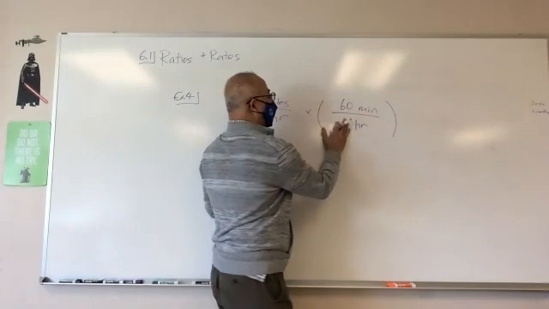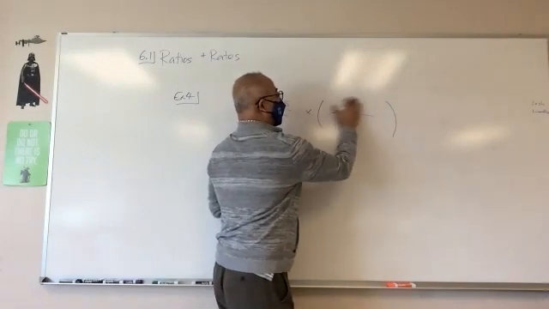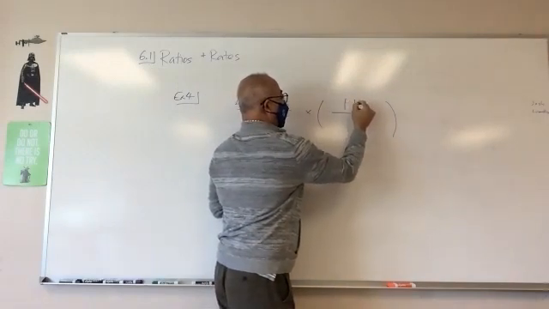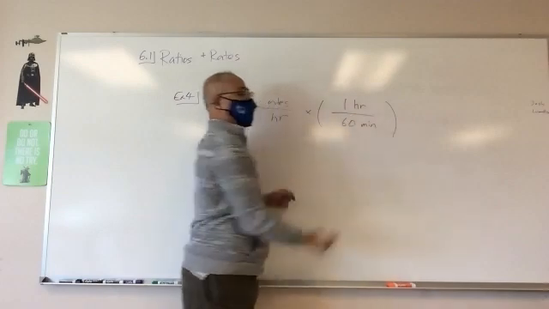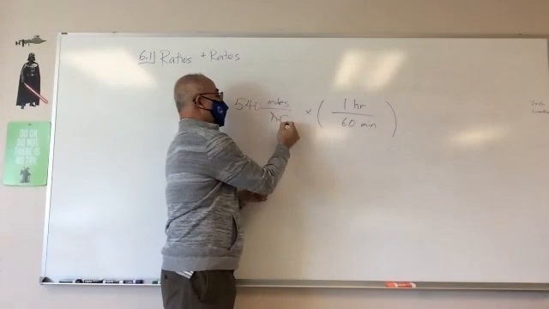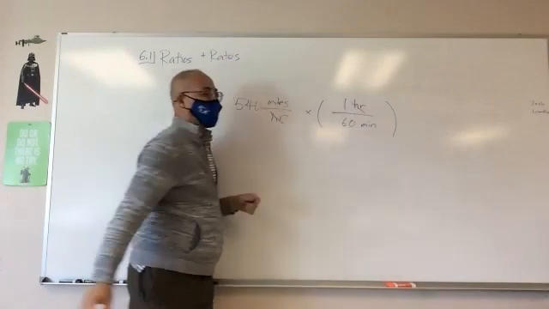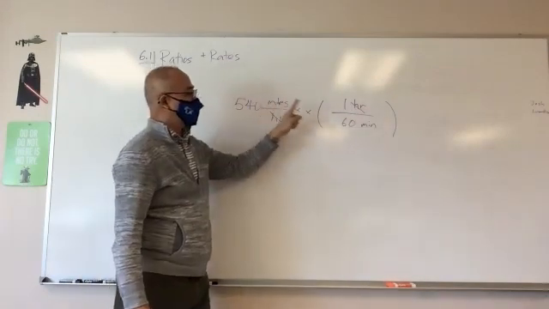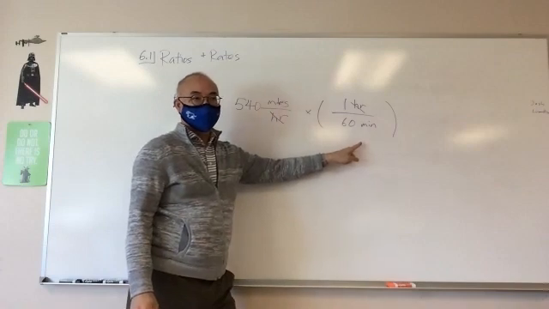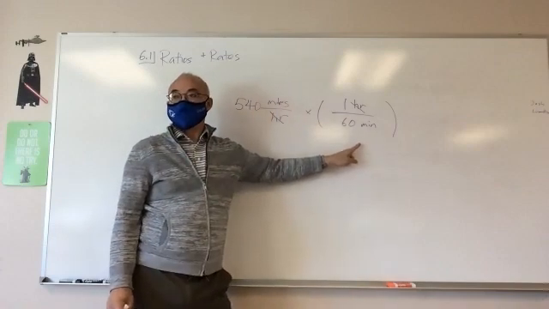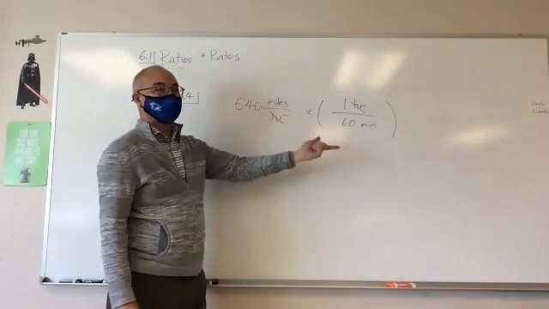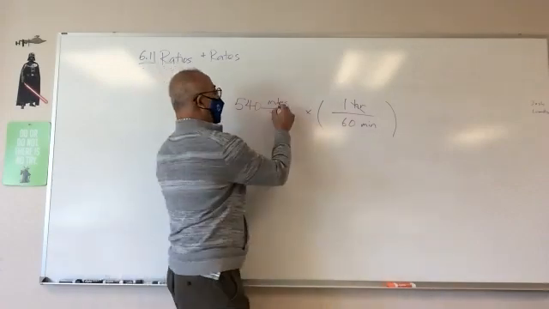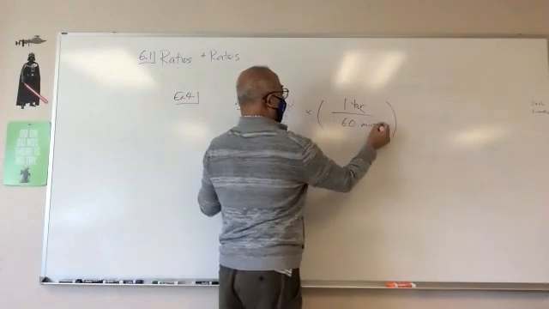The correct way would be to flip these over and go 1 hour is 60 minutes. Now look what happens. These hours cancel out. I'm going to end up with miles per minute, and that's what the question asked, was miles per minute. So this is the way I'm supposed to do it, because what I have left over is miles per minute.